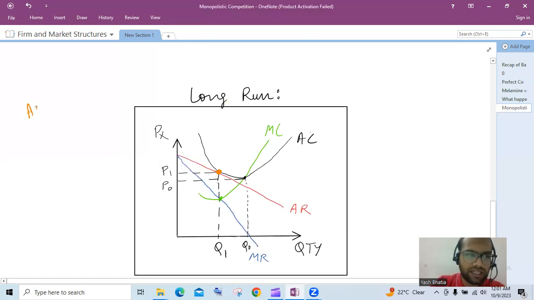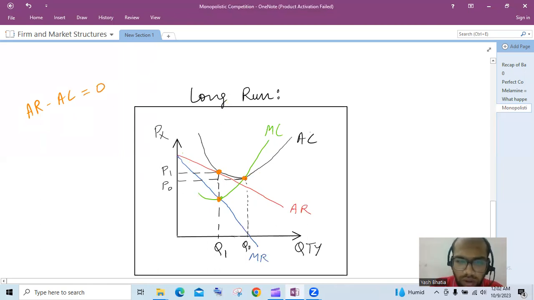When AR minus AC is zero, that means normal profits are earned. In this case also, you are producing at quantity Q1 where MR is equal to MC. That means you are producing at the profit maximization level.